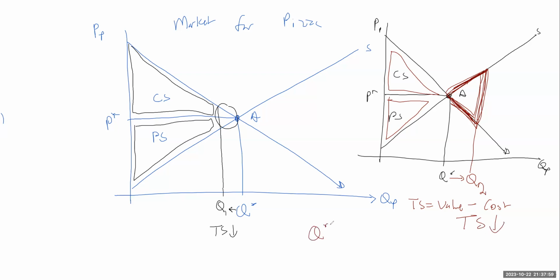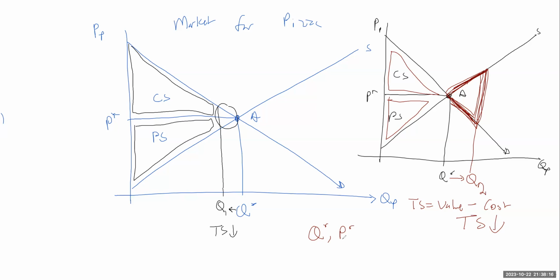Q star and P star provide the market equilibrium, and this market equilibrium provides the maximum total surplus.